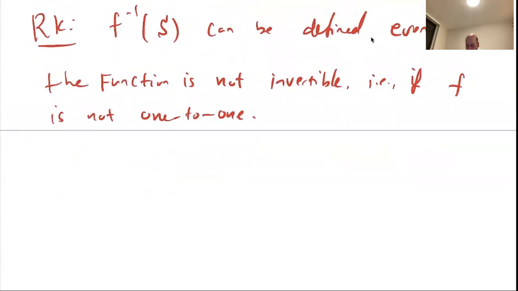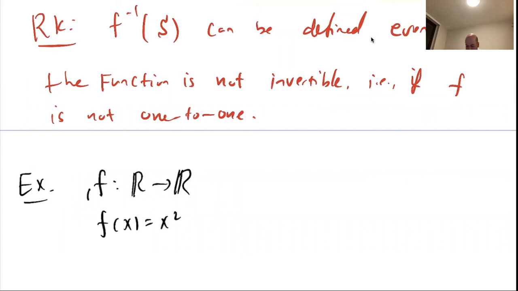So let's look at an example. Let's say f from R to R, f of x equals x squared. Find f inverse of, let's say, {4, 9}.